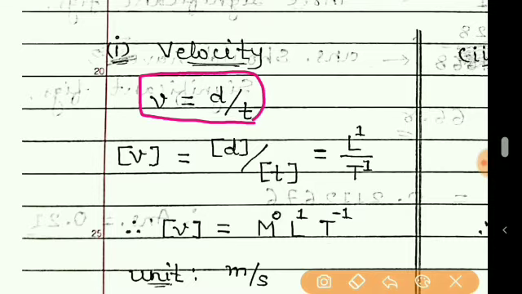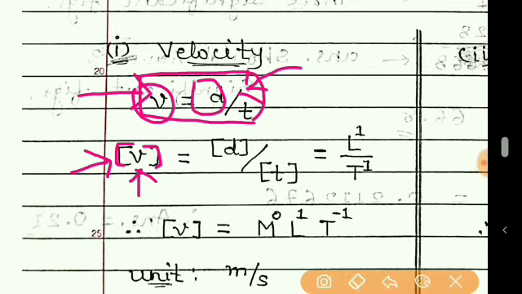If I want the dimensional formula of velocity, then I can write it symbolically like this. This square bracket means we can read it as dimension of velocity. On the right hand side there are two physical quantities, distance and time.